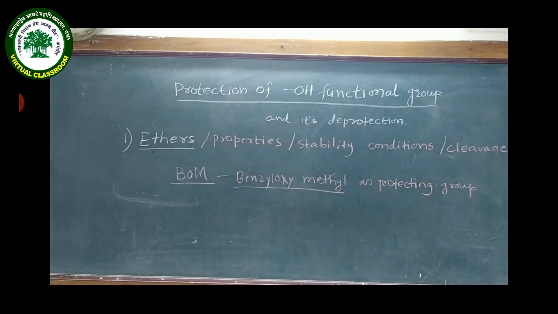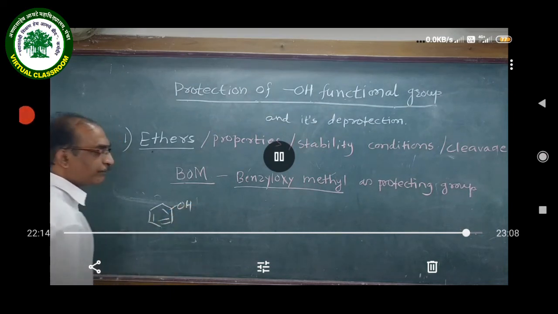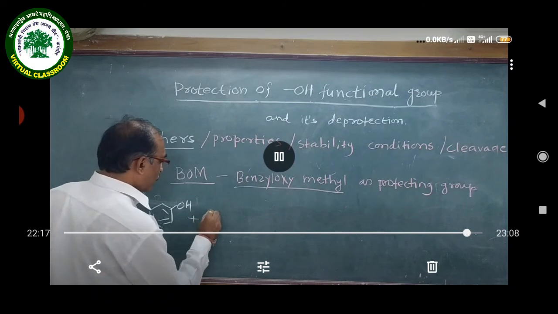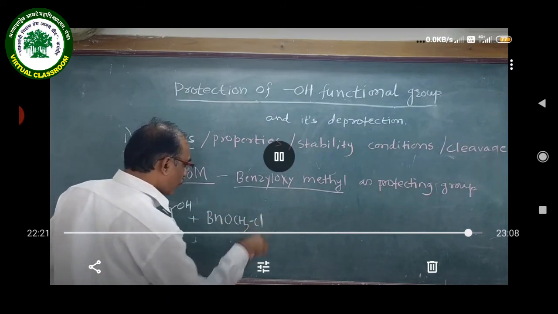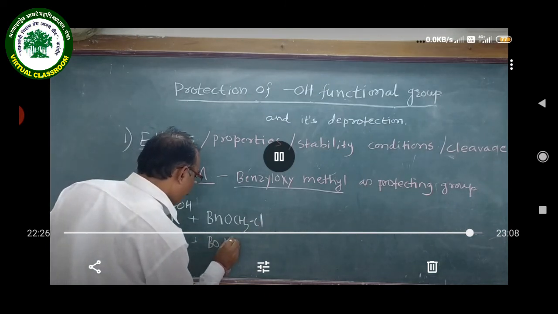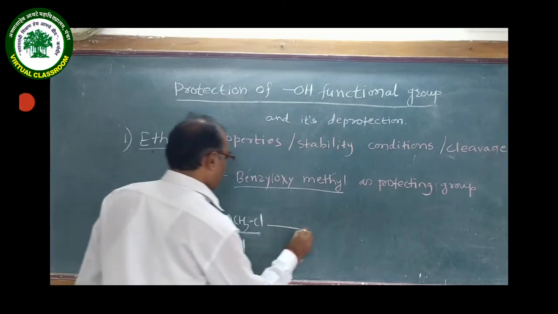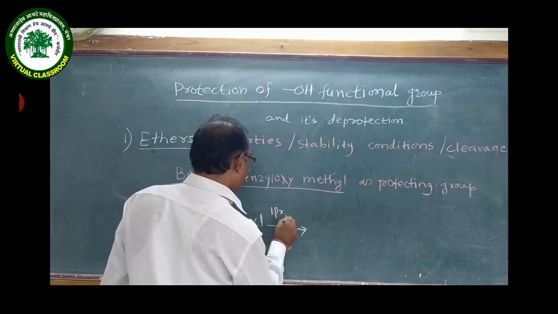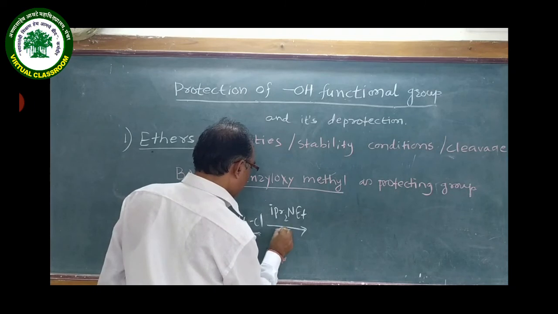In that example, we have to take an aromatic compound like phenol, then benzyloxymethyl chloride, or that is also written as BOM chloride, one and the same, in diisopropylethylamine and THF.